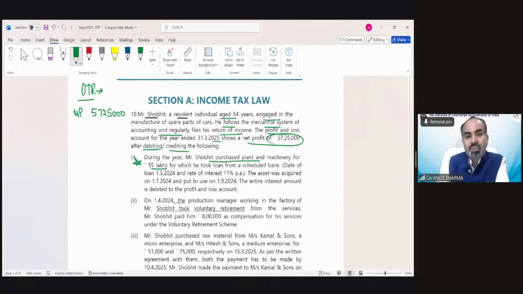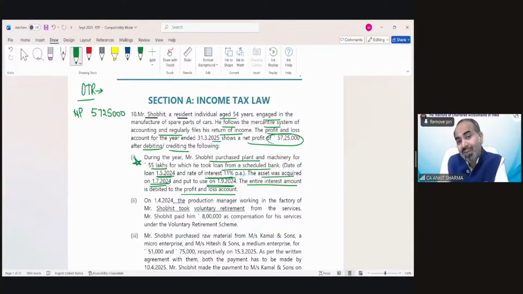So during the year, Mr. Shobhit purchased plant and machinery for 55 lakh, for which he took a loan from a scheduled bank. The date of loan is 1/5/2024 and the rate of interest is 11%. The asset was acquired on 1st July 2024 and put to use from 1st September 24. The entire interest amount is debited to the profit and loss account.